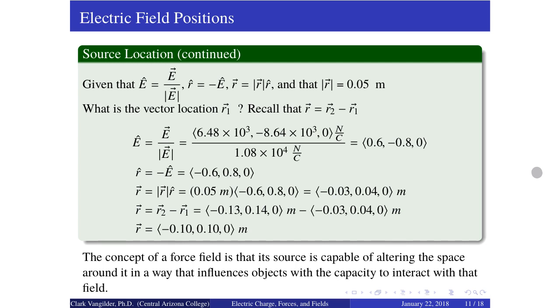This is important. A force field: the concept of a force field is that its source, whatever the source is, be it gravitational, electric, magnetic, nuclear, whatever, is capable of altering the space around it in a way that influences objects with the capacity to interact with that field.